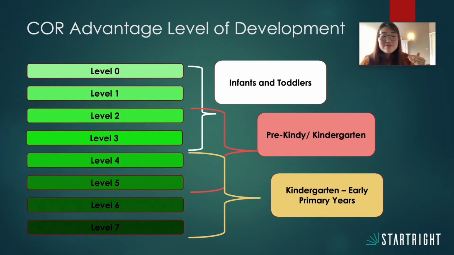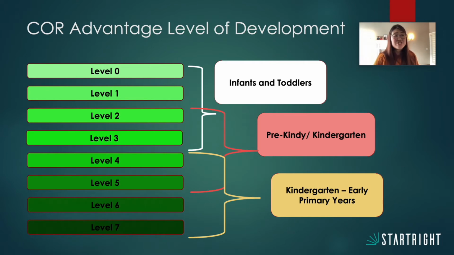The lower levels, level 0 to 2, are generally for the younger children. Then when you go older, level 2 to 5, they are generally between ages 2 to 4 years old maybe. At level 3 to 7, can you see the color going darker? The children could be ages 4 to 7.